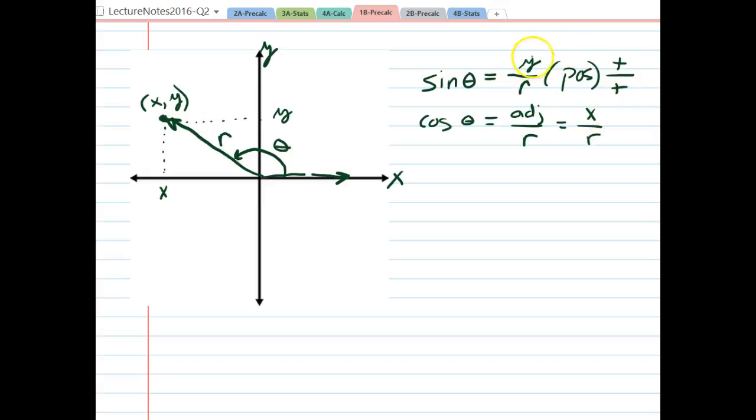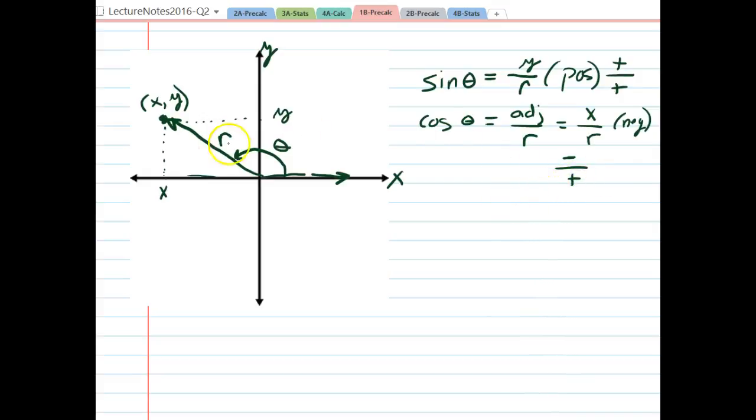And when I say x and y here, I'm actually talking about the actual values of the ordered pair where the rotation stopped, because that defines the length of these two sides. But in this case, this is going to be a negative value, because my x is going to be negative and the r value is positive.